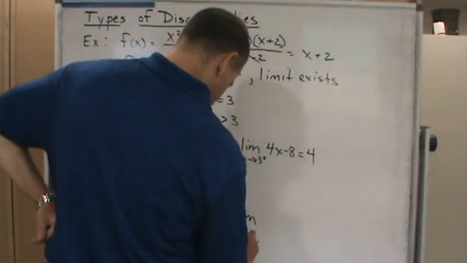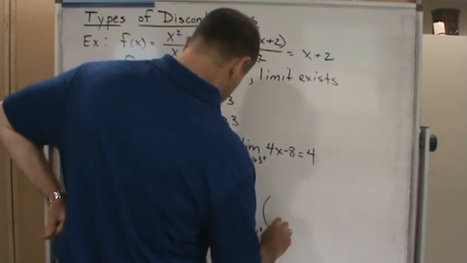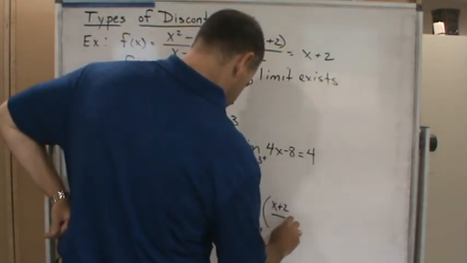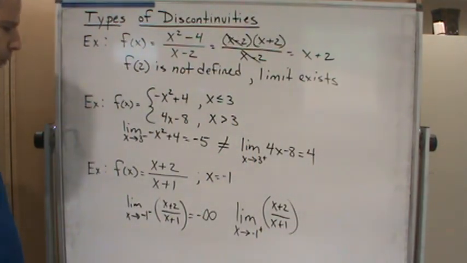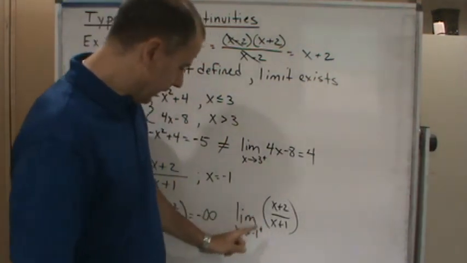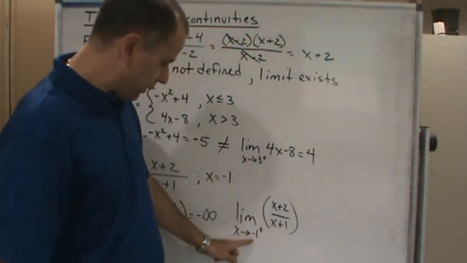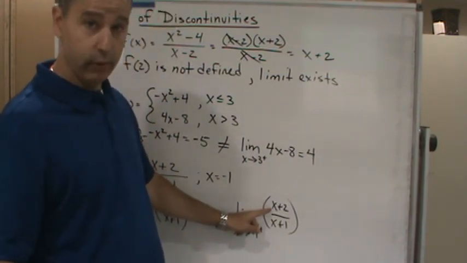So the limit as x approaches -1 from the right of x plus 2 over x plus 1. Okay, now, same kind of thinking. Again, as you're approaching -1 from the right, the top is still going to 1, so that doesn't change.